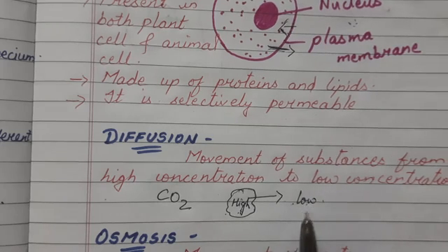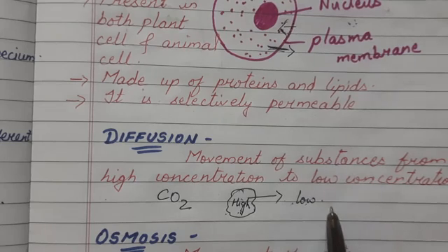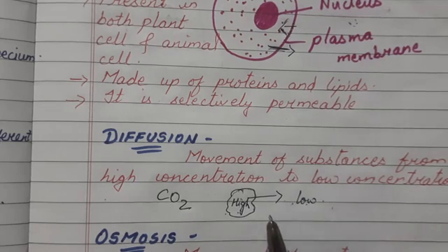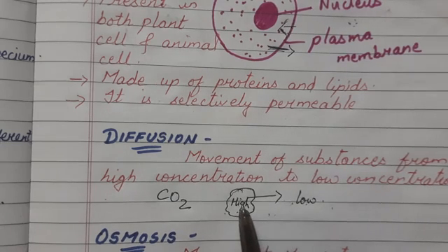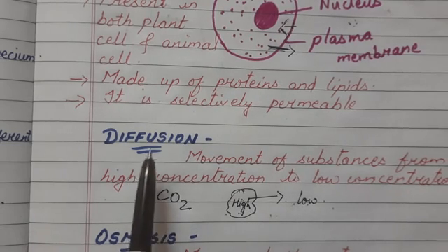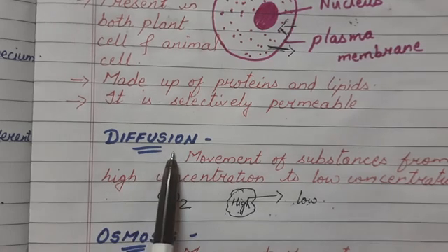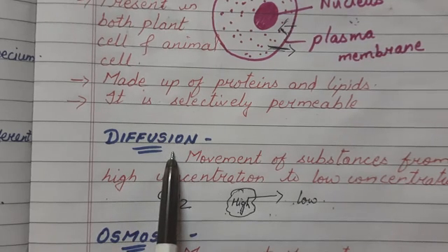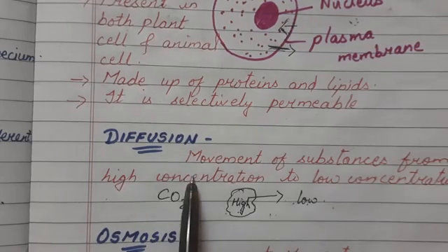The same can take place the other way. If the concentration is high outside, what will happen? It will get inside. If the concentration is high outside, it will move into the cell. So this process is called diffusion, and it plays an important role in gaseous exchange.